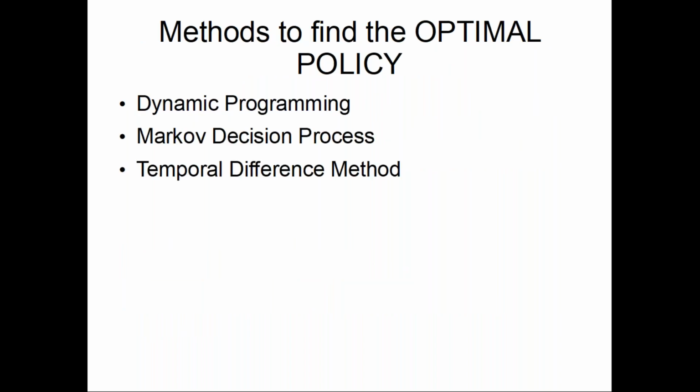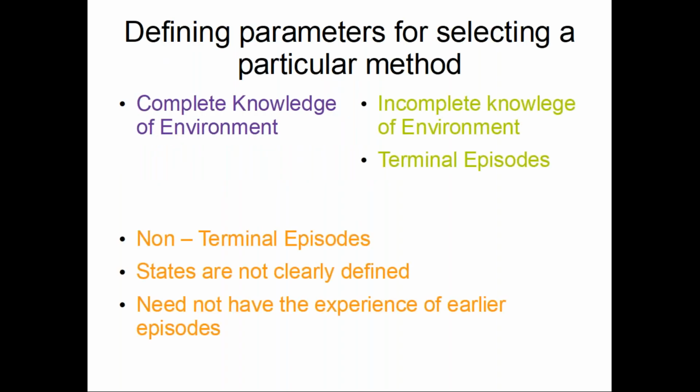Now these are the three methods we have: dynamic programming, Markov decision process, temporal difference method. Now let us see the determining factors where we use these particular methods. Here we will spend some good enough time.